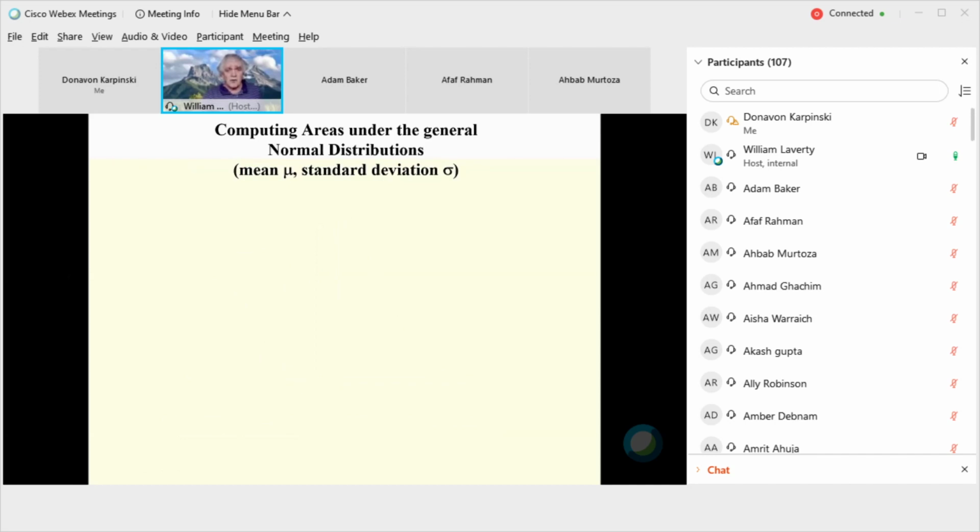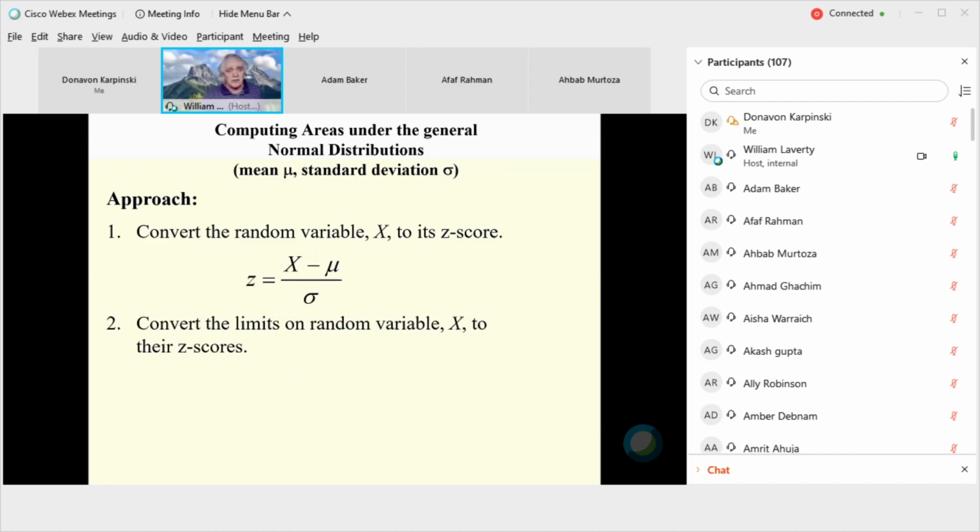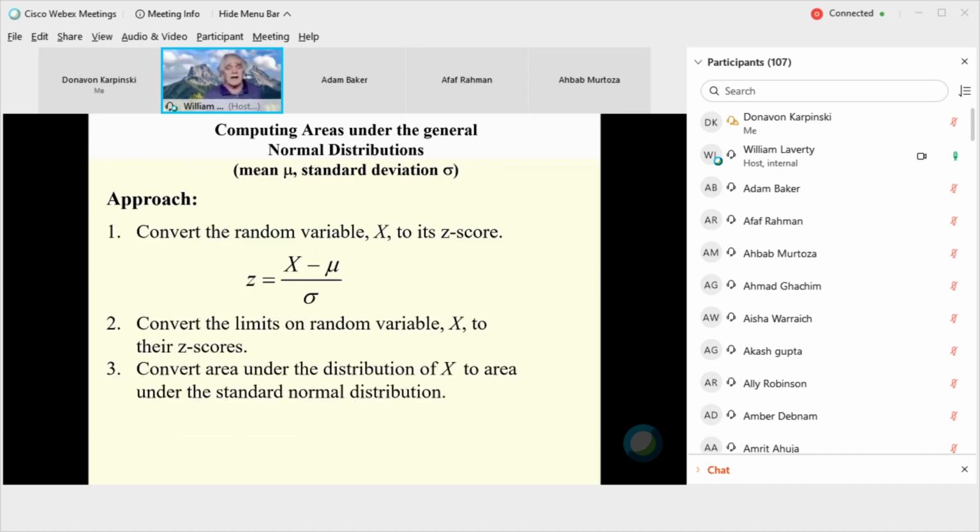Computing areas for the standard normal distribution: for a general normal distribution, the approach is to convert X to its Z score, convert the limits to their Z scores, and convert the area under the normal distribution with mean mu, standard deviation sigma, to area under the standard normal distribution.